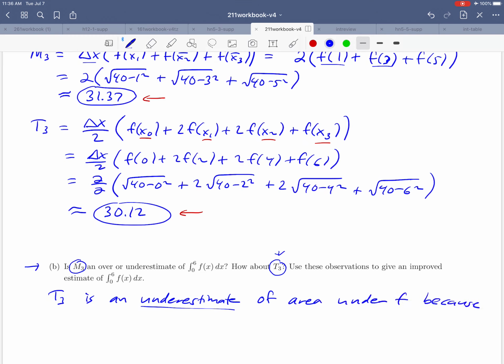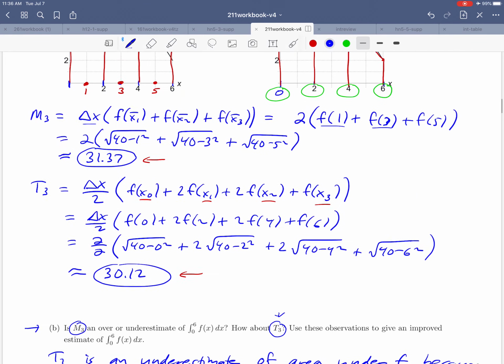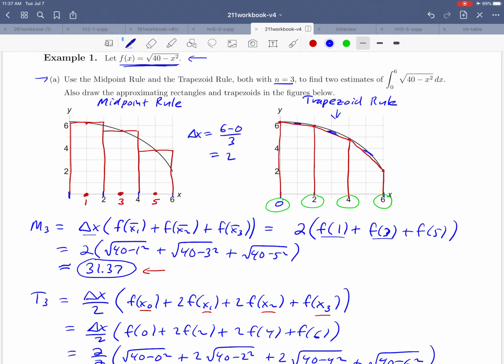And if we want to just give a brief explanation there, because all 3 trapezoids lie below the curve. Okay, what about the midpoint rule? Could we make a statement about that?